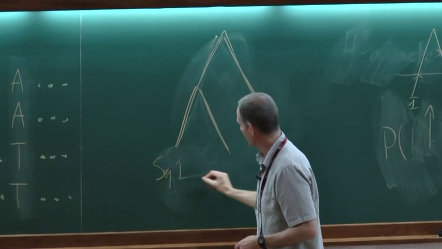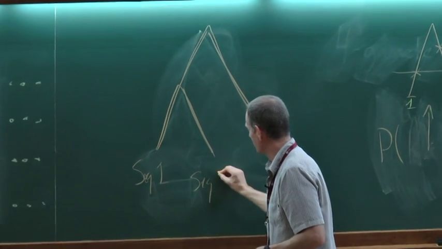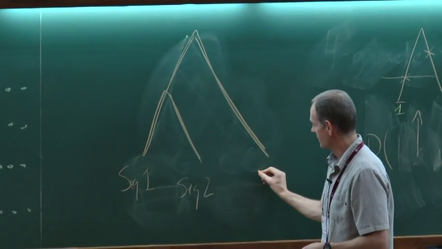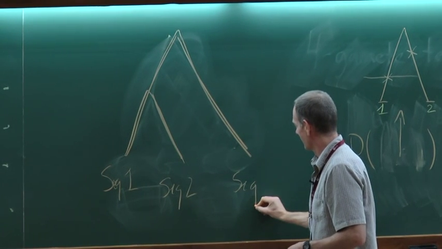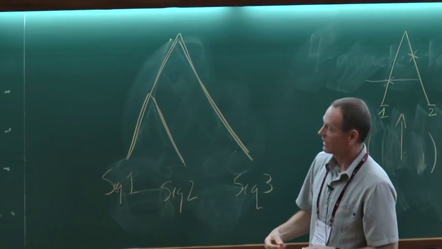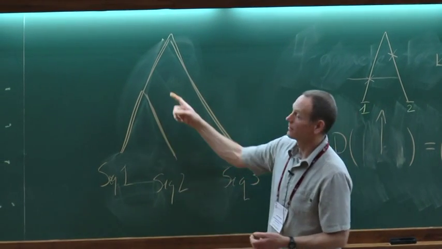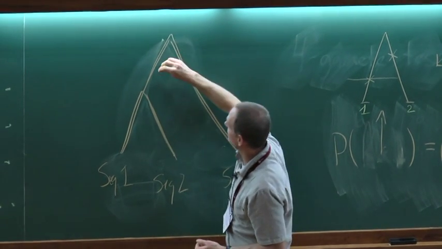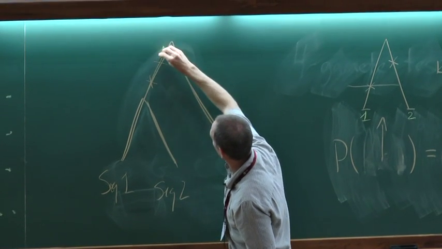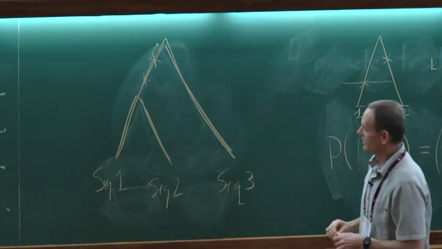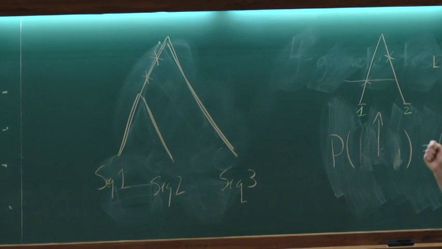Sequence 1 and sequence 2, yeah? And sequence 3. And then where would the mutations need to be on the tree? Up there, yeah, exactly, right? All right, and so now that's good.